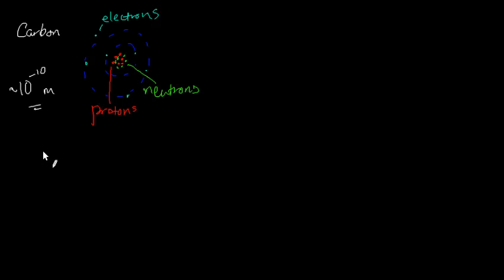So starting with the atomic number. Now the atomic number is often represented by the symbol Z, and it is equal to the number of protons in the nucleus.